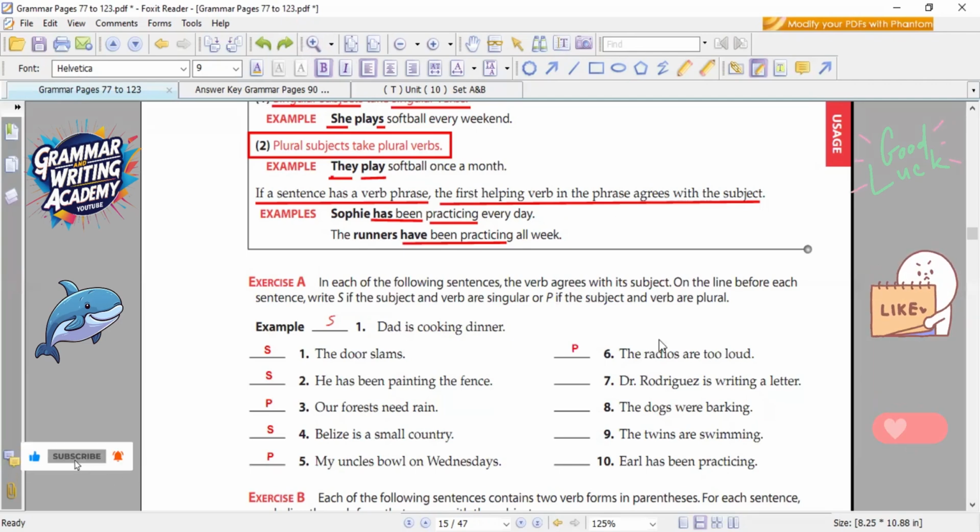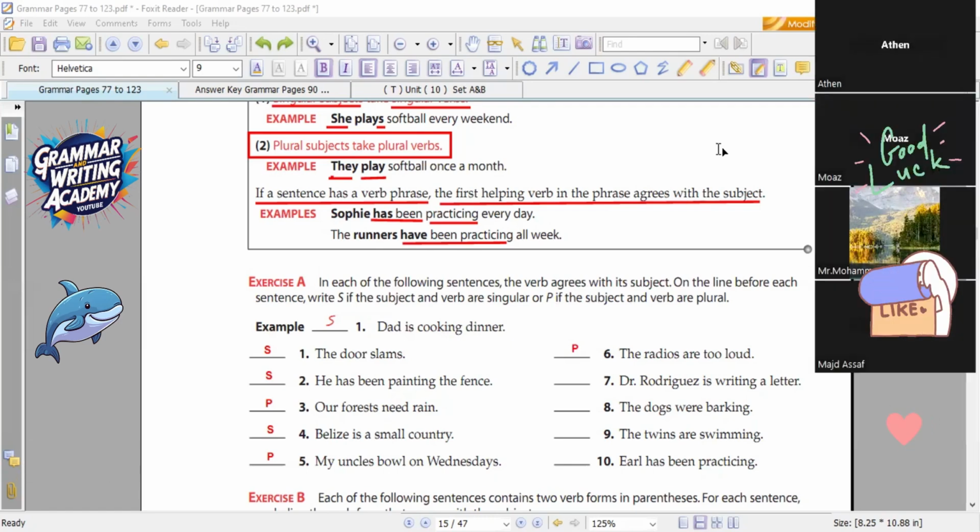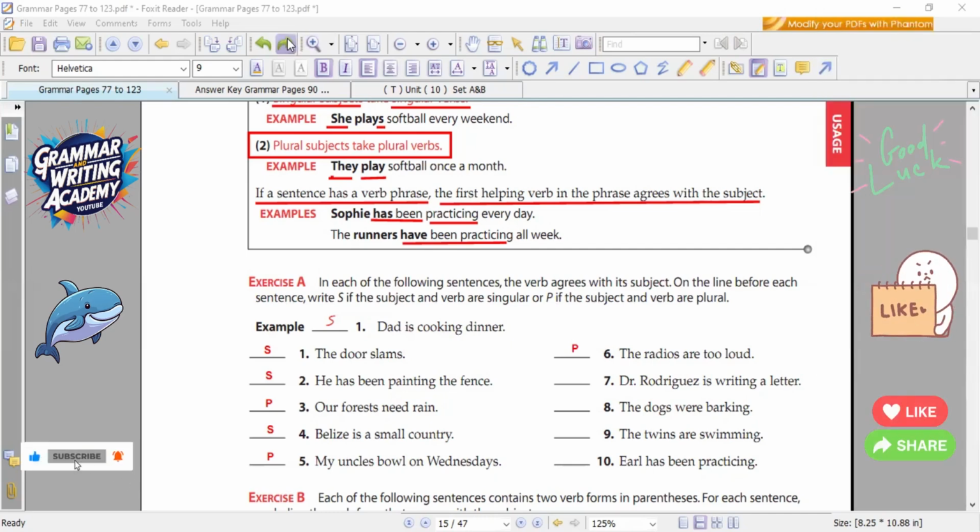Going to Mosab. Yes, mister. Number 7, number 8. Number 7, I think. Dr. Rodriguez is writing a letter. It's singular, because here we have a singular subject, Dr. Rodriguez, and a singular verb, which is going to be is.